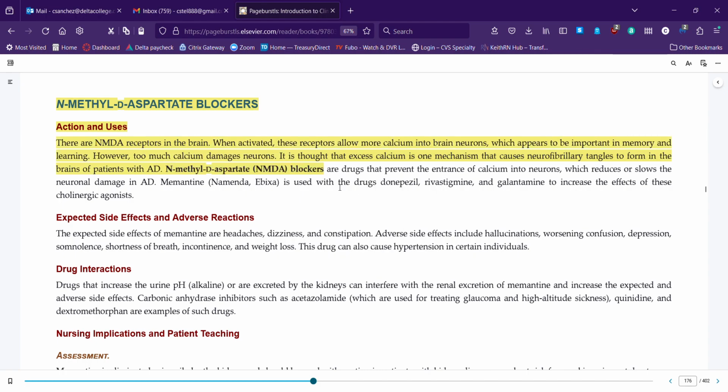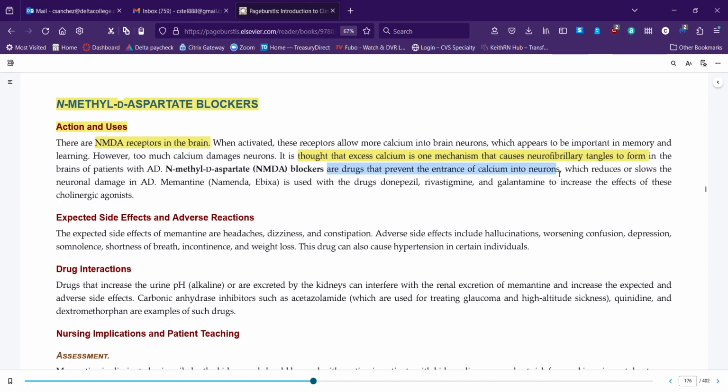So these blockers, the NMDA blockers, are the drugs that prevent, if they're blocking the NMDA, then it's blocking the calcium from getting into the neurons.